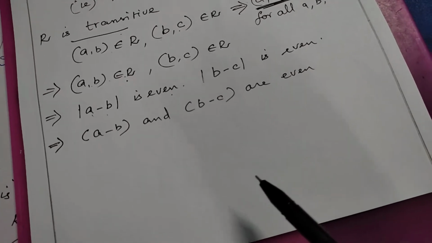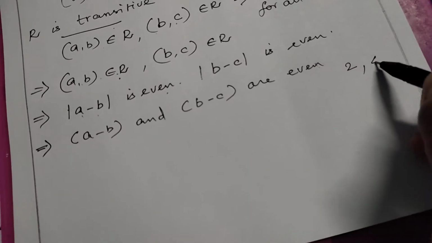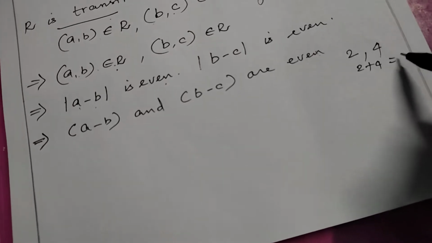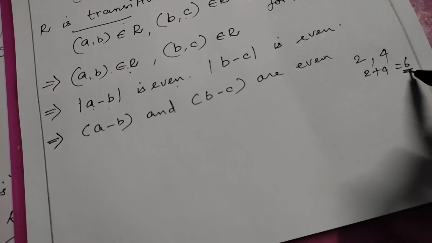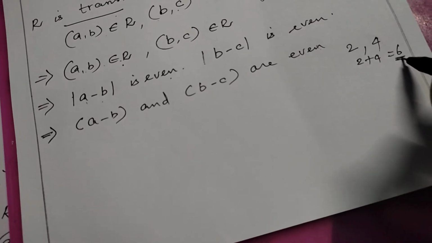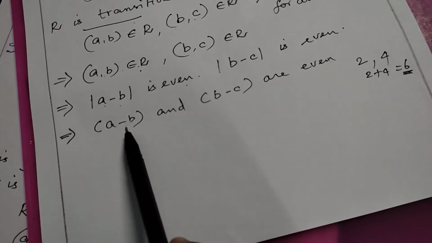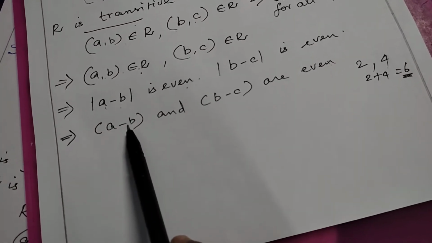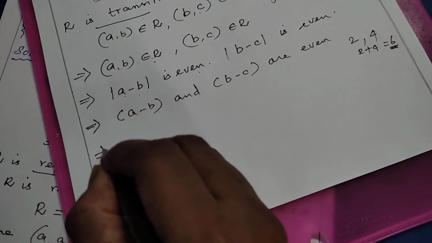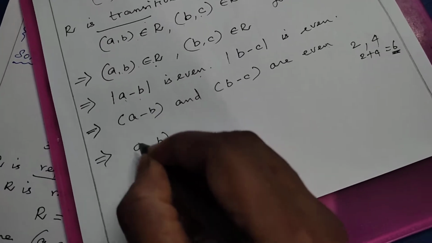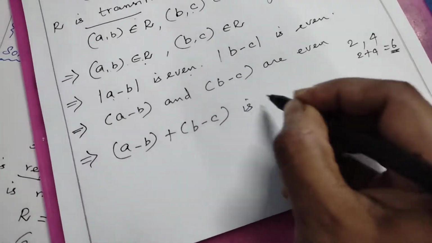If suppose 2 is an even number and another number is 4, then 2 plus 4 is 6, which is also an even number. We all know this concept. Therefore, A minus B plus B minus C is an even number.